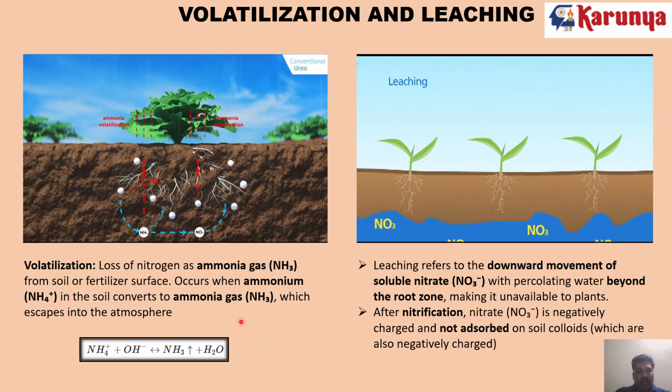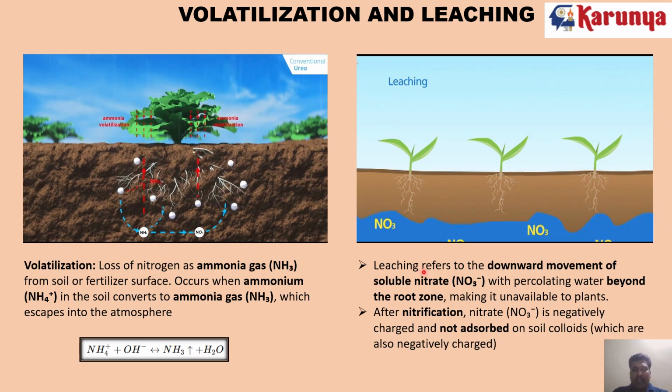See here, the ammonium is converted into ammonia gas whenever the pH rises to alkaline and the temperature increases. So whenever an unfavorable condition happens in the soil, the ammonium is converted to ammonia, which is called volatilization, and the volatilized ammonia reaches the atmosphere.